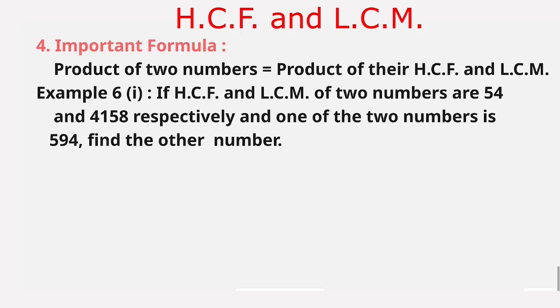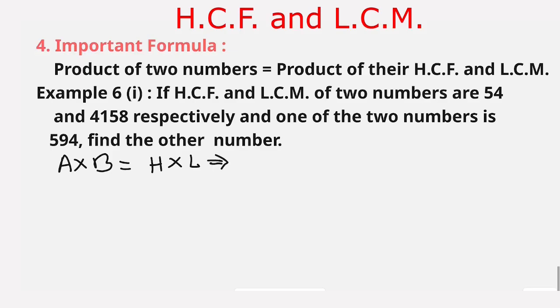The product of two numbers A and B is equal to H, I write for HCF, multiplied by L, I write for LCM. So A multiplied by B equals HCF multiplied by LCM.